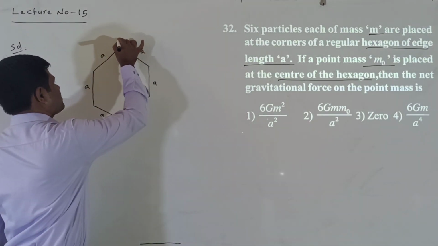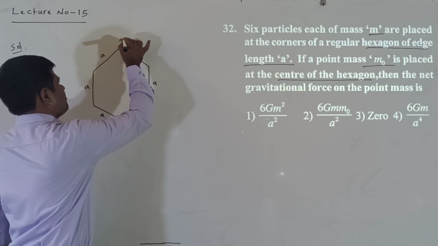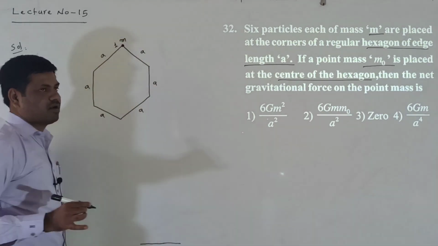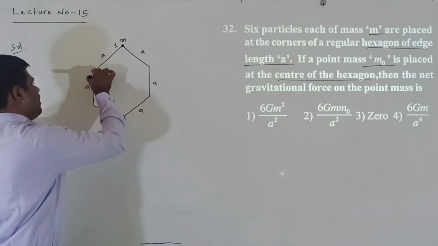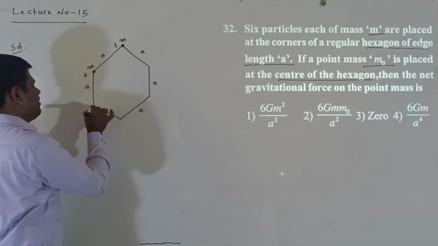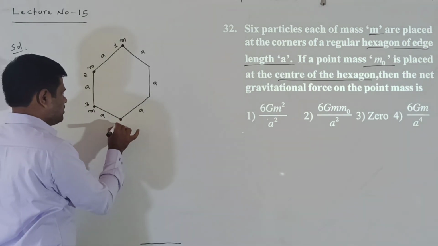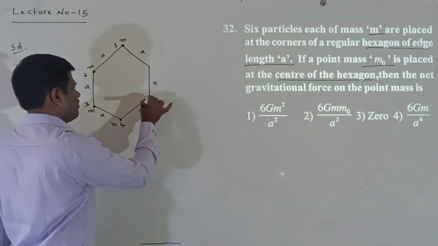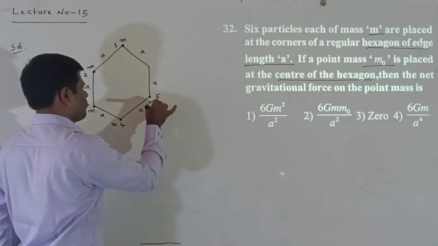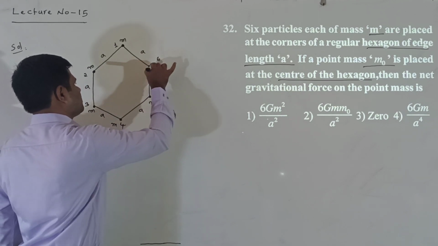Here I am placing the first mass, that is mass m. This is the first corner. All masses are the same. This is second, this is third, this is fourth, this is fifth, this is sixth.